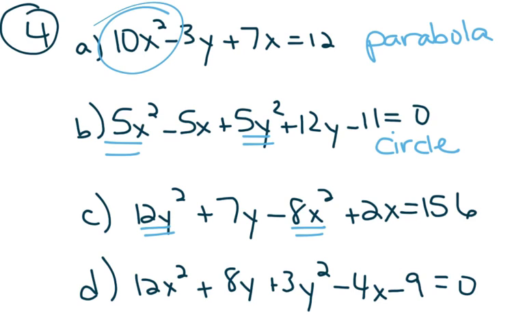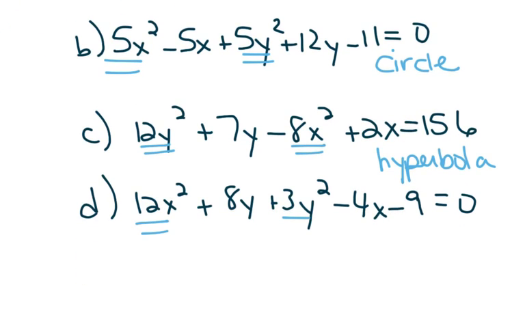One of them is positive and one of them is negative. When that happens, it's a hyperbola. And in D, my square terms have different coefficients. If the coefficients are different and they're both positive, it's an ellipse.